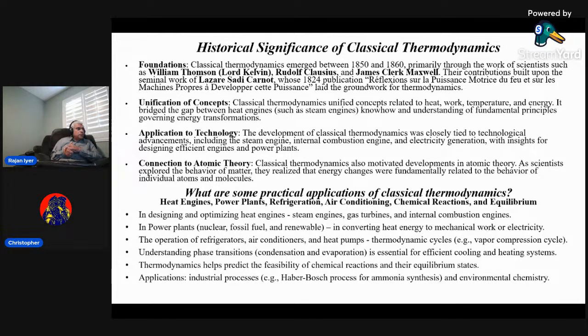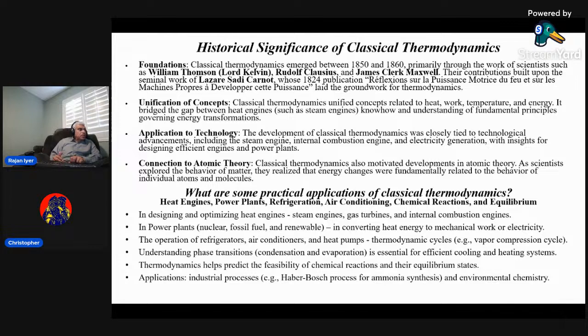It also helps in predicting the feasibility of chemical reactions. There are many other reactions that we are interested in, where we want to produce a new chemical product. We have to know what the reactants are, including in organic chemistry. On one side we have the reactants, on the other side the products, so you want to convert from one to another.